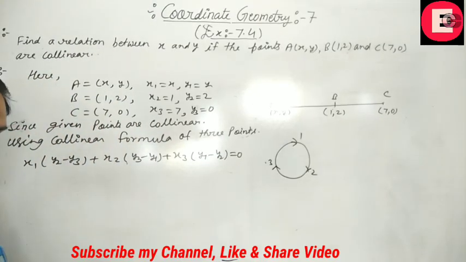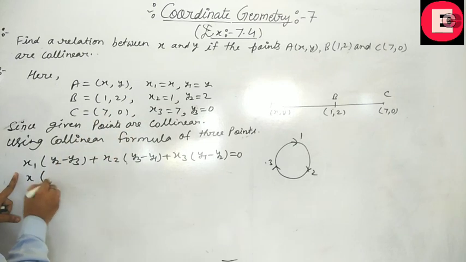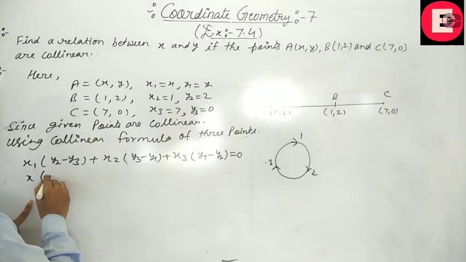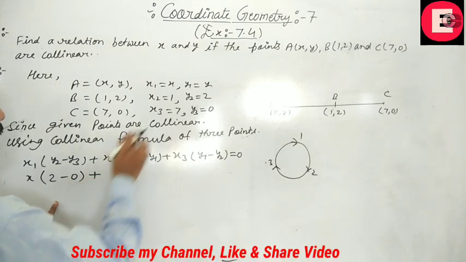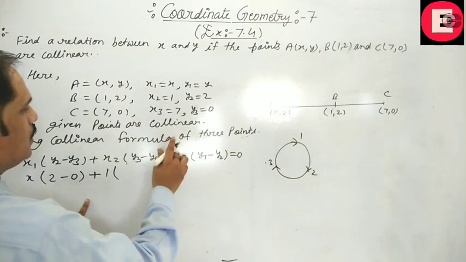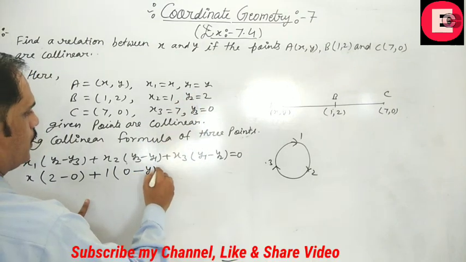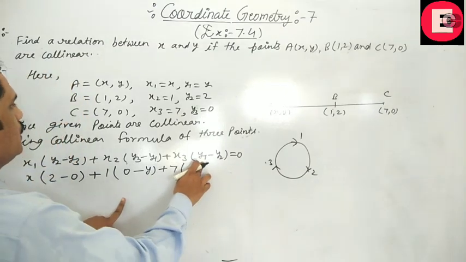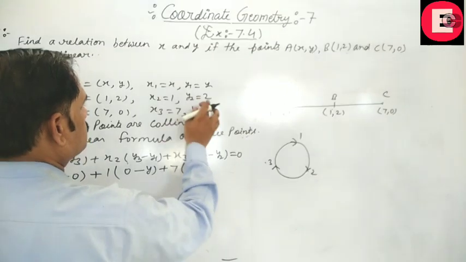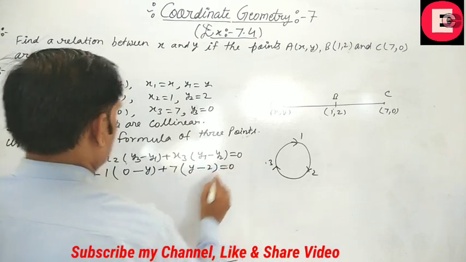Okay, now for the question, putting the value of x1 which is equal to x, then y2 is 2, minus y3 which is 0, plus x2 is equal to 1, then y3 is 0 minus y1 which is y, plus x3 which is equal to 7, and y1 - y2 is y - 2.